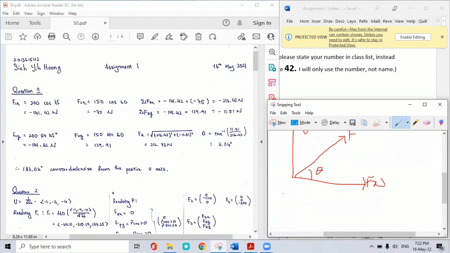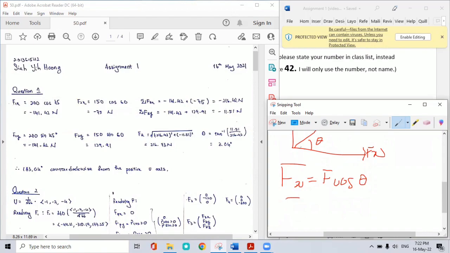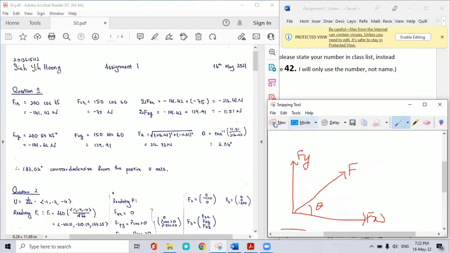If we need to find Fx, it will be equal to F cos theta. If we have to find Fy, which is the vertical force, it will be F sine theta. This is the first situation.